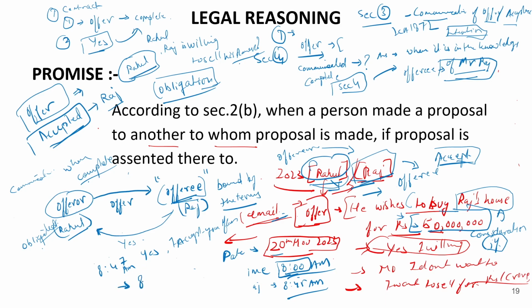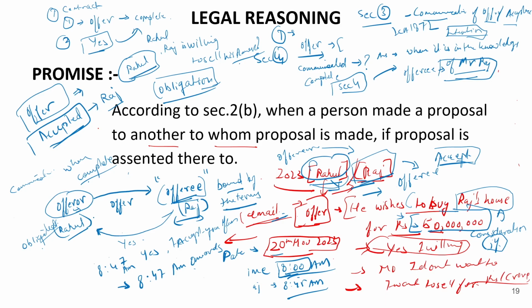Then from 8:47 a.m. onwards, Raj will also be obligated by the terms, meaning he will also be obligated to sell his house to the offerer.